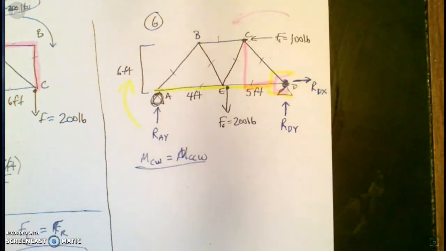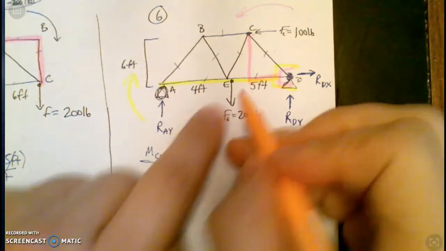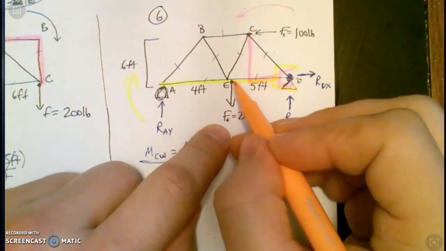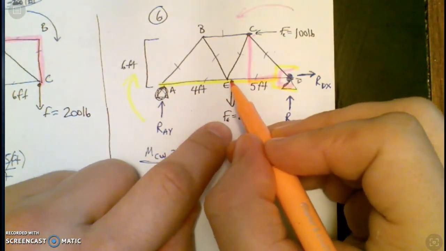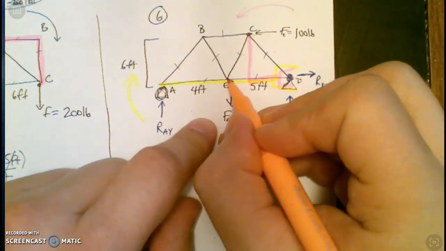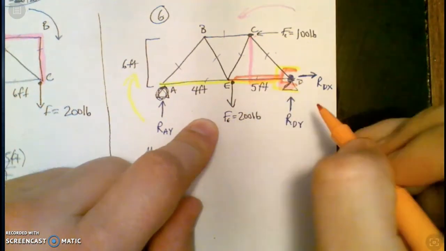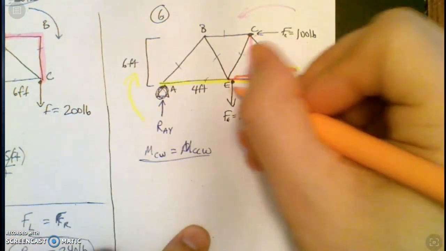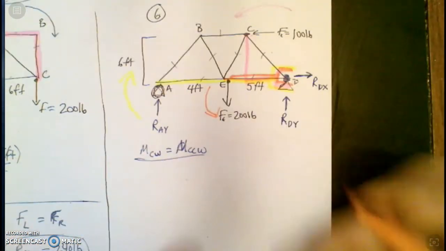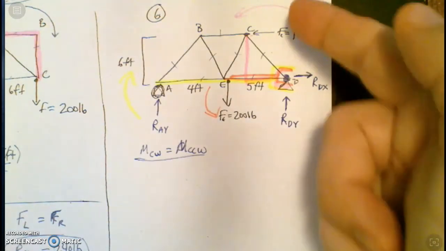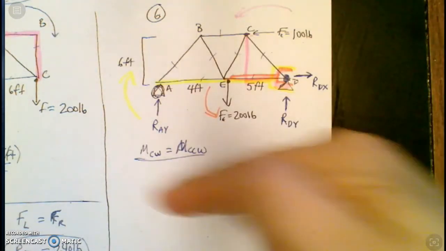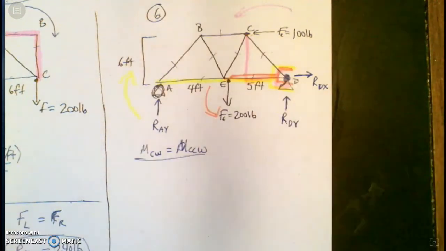And lastly, I have this force in the middle at E, like a 200-pound motorcycle just sitting on joint E of the bridge. Well, if I draw that, kind of hard to see because my colors are overlapping, but that force is trying to spin my bridge this way, down. So I have 2 forces going counterclockwise, fought by 1 force clockwise.